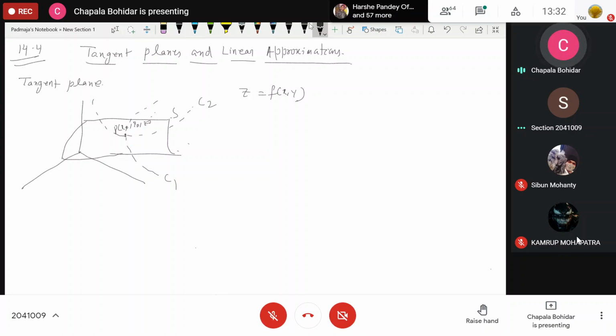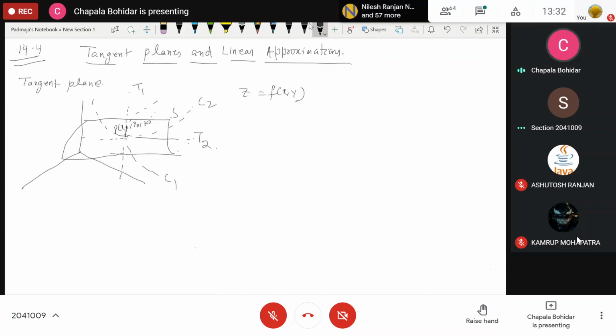The tangent at this point for the curve C1 is T1, and the tangent at P for C2 is T2. Is it visible? Yes, ma'am.